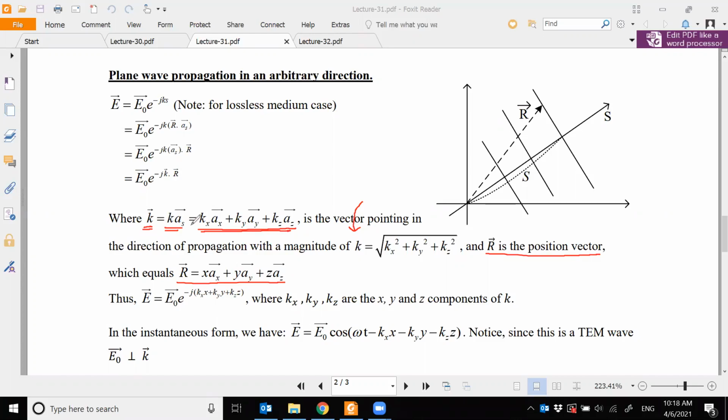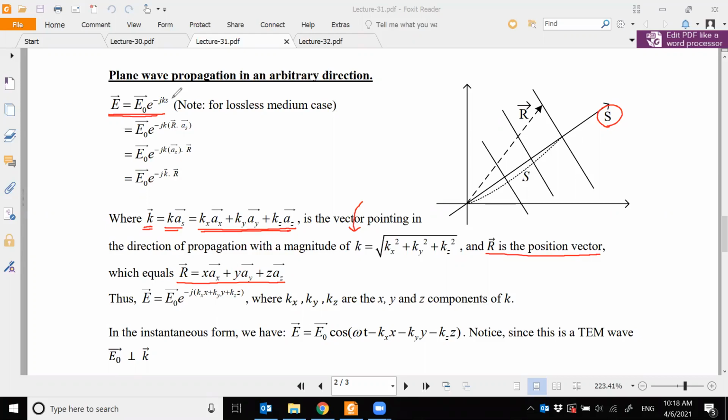Okay, so now, how is the argument? The argument is in this way. This is my electric field, which is traveling in an arbitrary direction, and this direction is s. So E bar is E naught bar e power minus j k s.